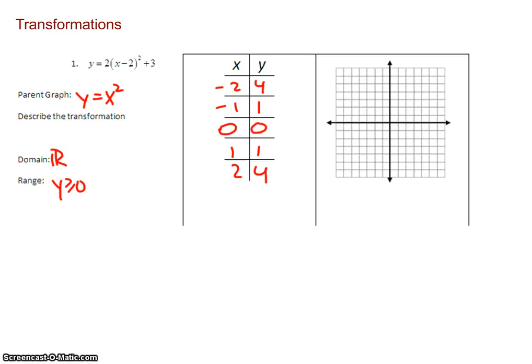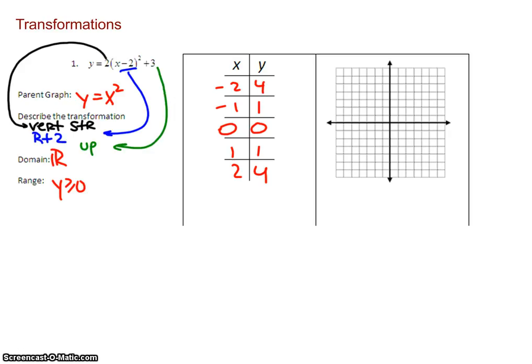Sometimes it's easiest just to go left to right. Okay, so this first one I run into, it's outside, vertical stretch. The negative 2, inside, opposite, right 2. Up 3. Okay.